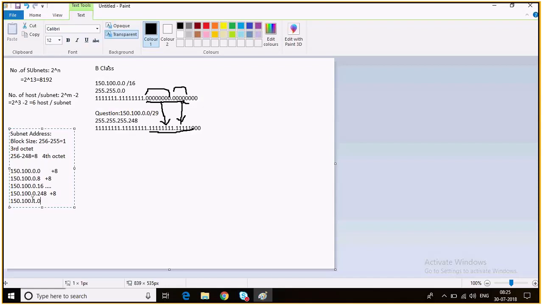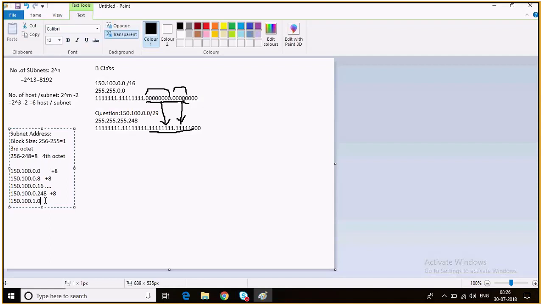Again, see, this 1.0 has not come suddenly because I changed 1 in the third octet. No, I've been keeping on adding 8 only. This 1 in the third octet only tells me that you have to touch the third octet also when the fourth octet is full. Now remember, the rule is you will touch the third octet only if the fourth octet is full. If the fourth octet is not full, you don't have to touch the third octet.